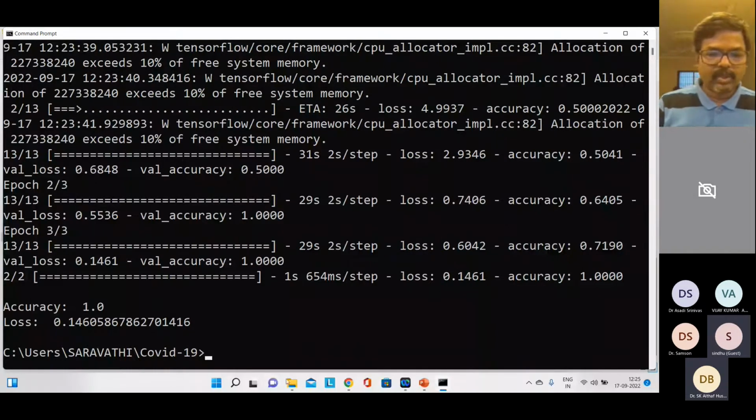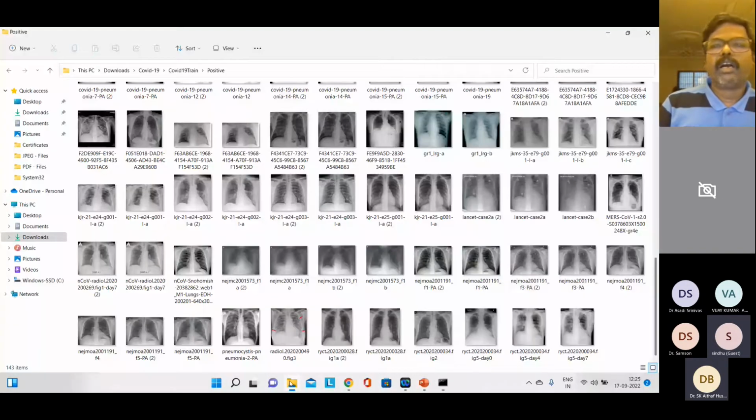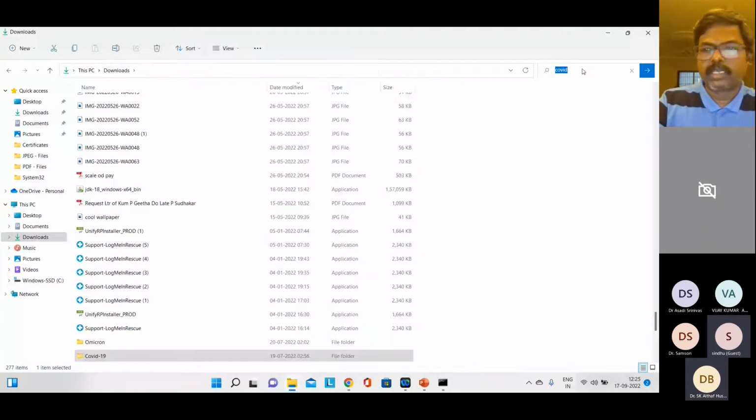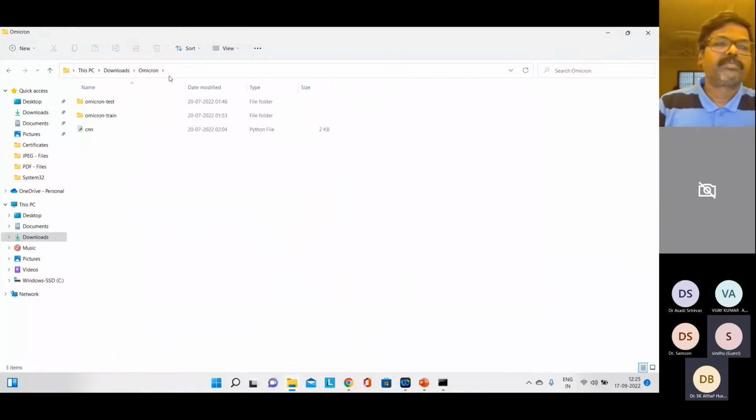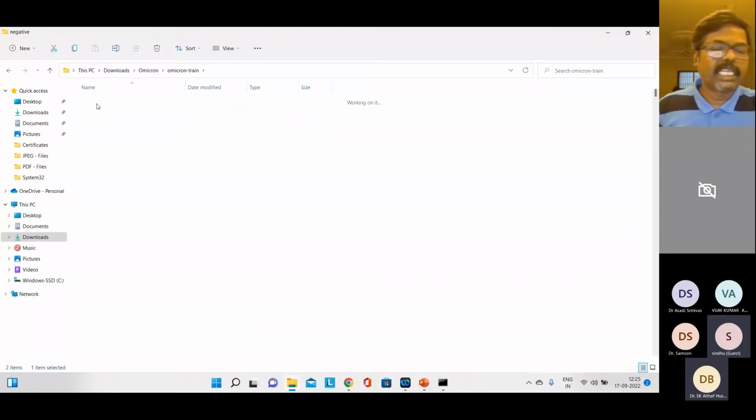Now I am going to show you COVID Omicron virus data. First, training data, and see here how many images I have collected.